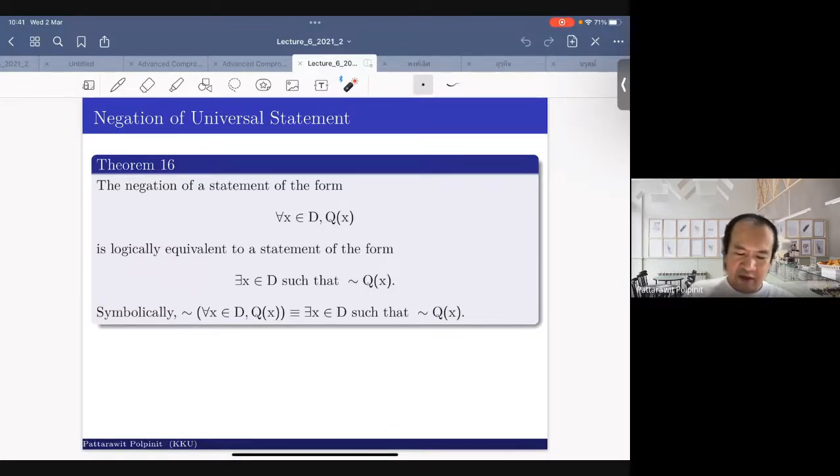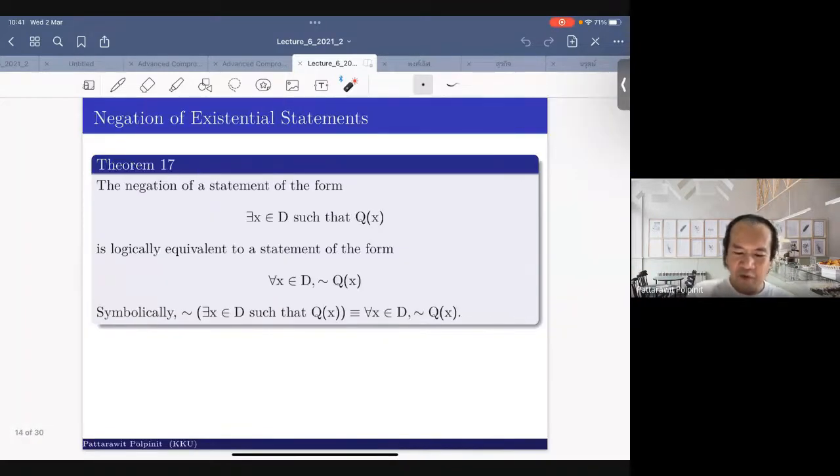Looking at the symbols, it's quite easy. Another one, the negation of the existential statement: there exists x in D such that Q of x. The negation becomes for all x, negation of Q of x. So it's the opposite: if you have for all, you switch to for some, and if you have for some, you switch to for all.